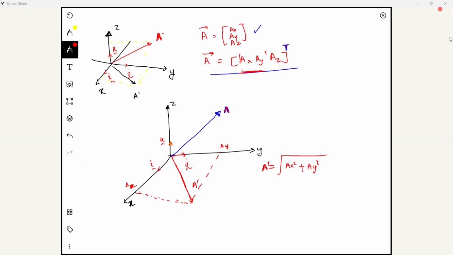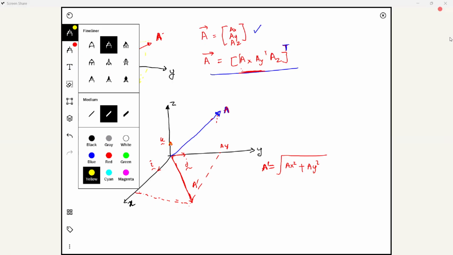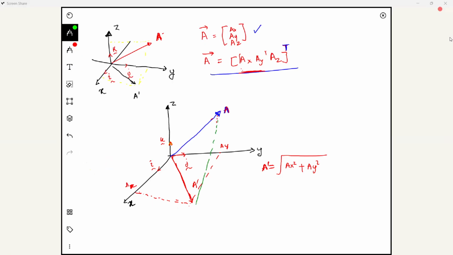But still we have a problem now. The real A is over here. A dash is like the combined magnitude of the x and y components, but we still have this one. So this is that. All right.